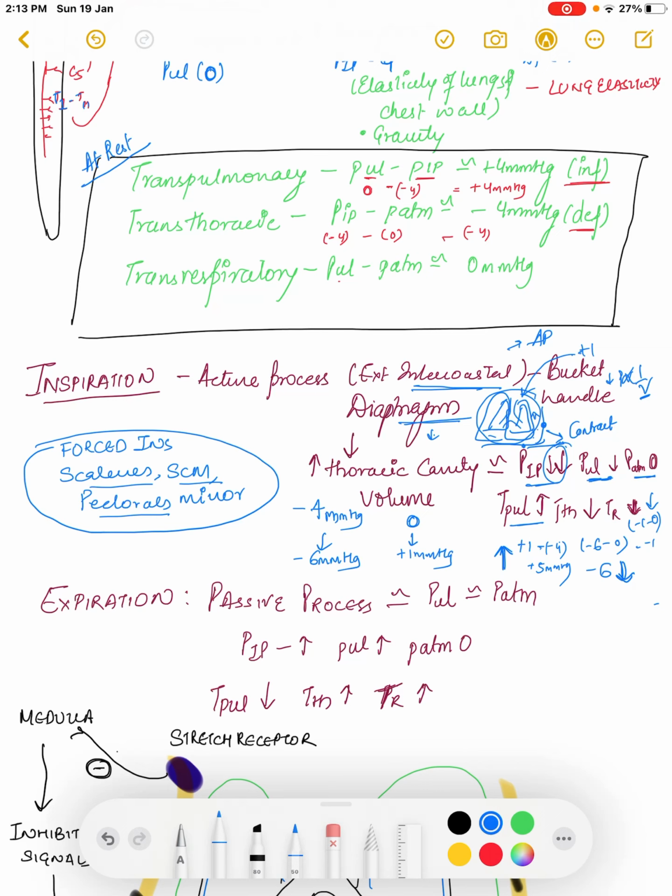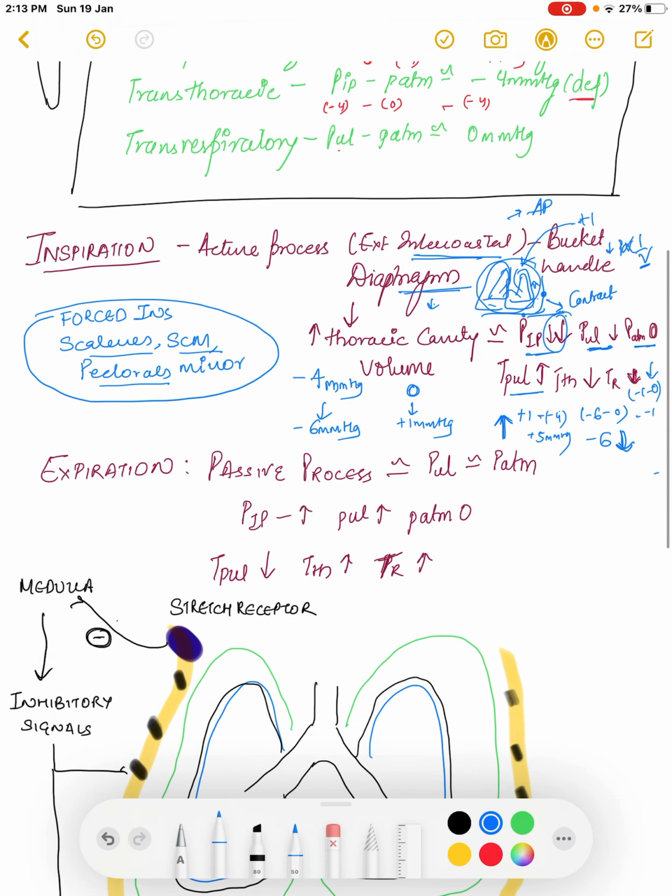The more active the forced inspiration, the more air goes inside the lung. This is all about our inspiration part.